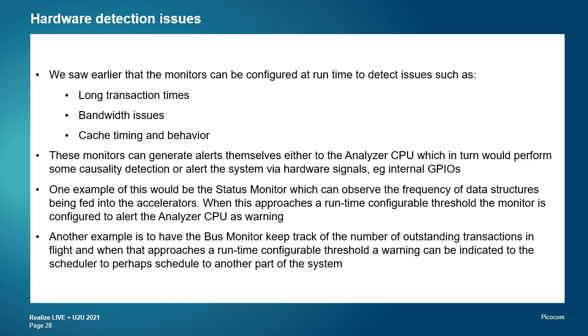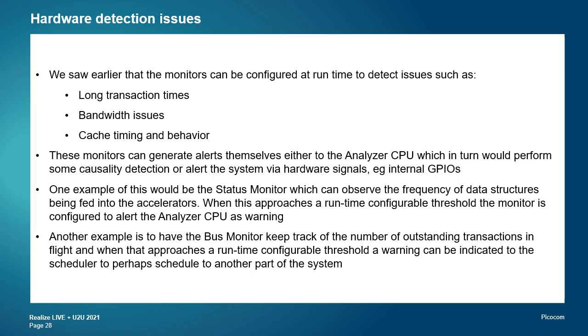One such example is that the status monitor could be used to observe the frequency of data structures being fed into the accelerators. As this approaches a threshold, that monitor can be used to alert the analyzer CPU, which can then take that into account when it's analyzing the behavior of the whole system.